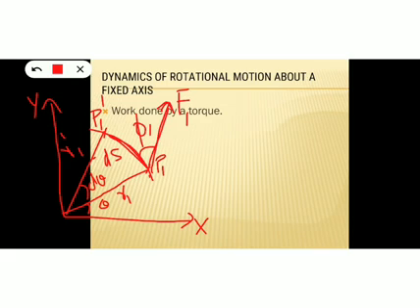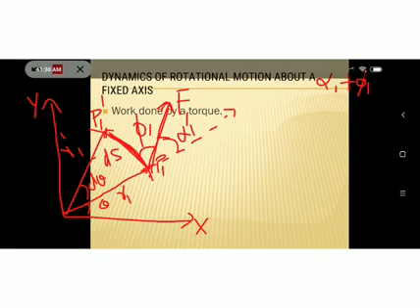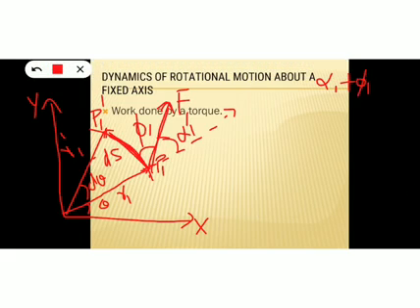Also, here you can see another angle. If we extend this R1 like this, an angle is formed here, and let this angle be alpha 1. Okay, and we can see this alpha 1 and this phi 1 is equal to 90 degree. Alpha 1 plus phi 1 is equal to 90 degree.